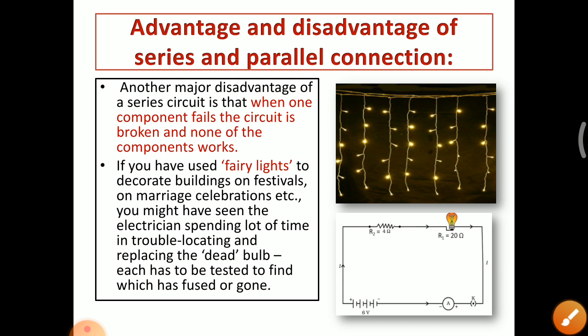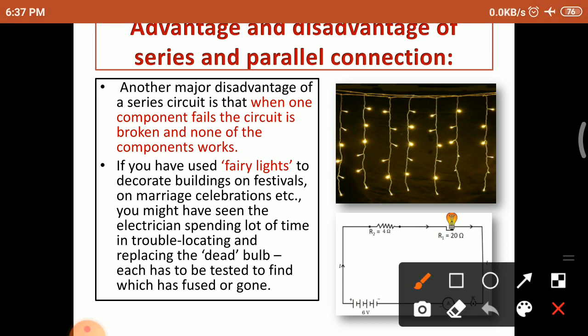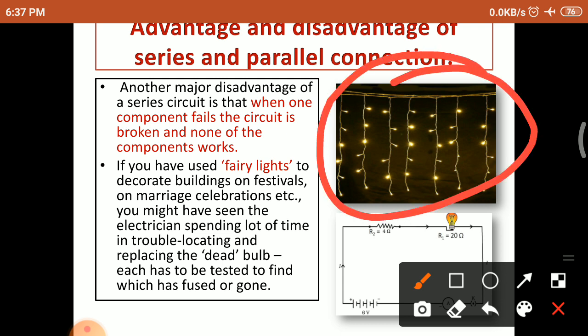Another major disadvantage of a series circuit is that when one component fails, the circuit is broken and none of the components work. You have seen fairy lights used to decorate buildings on festivals, marriages, and celebrations. You have seen that electricians spend a lot of time locating and replacing a dead bulb.